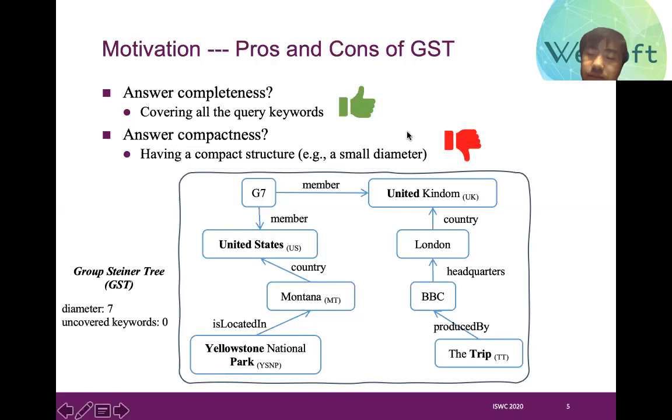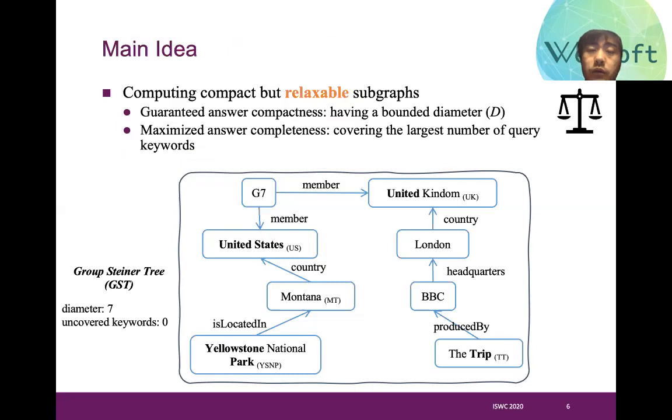So our focus in this work is whether we can achieve a better trade-off between answer completeness and answer compactness. We do find a way to better trade off between these two factors. We want to compute compact but relaxable subgraphs as answers to keyword queries.